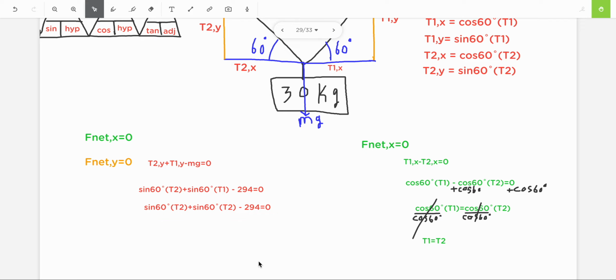And now we can use the shift solve on the calculator. Sine 60 plus sine 60.